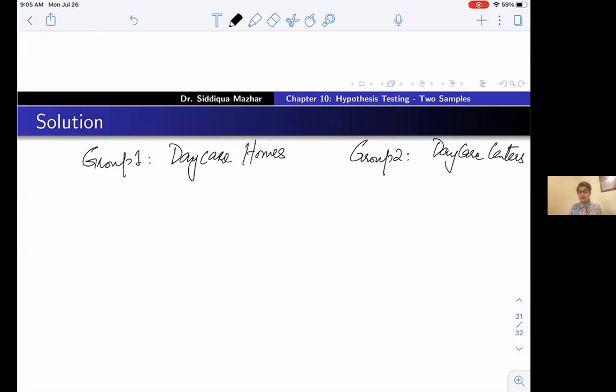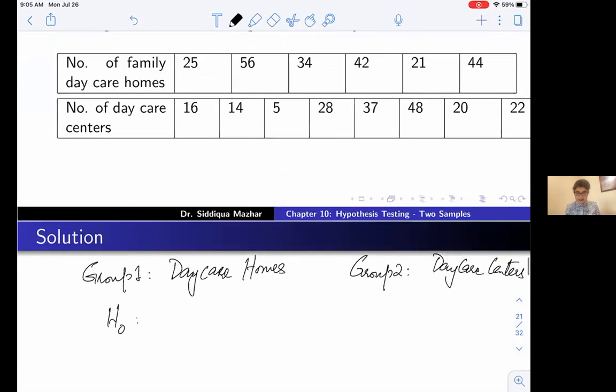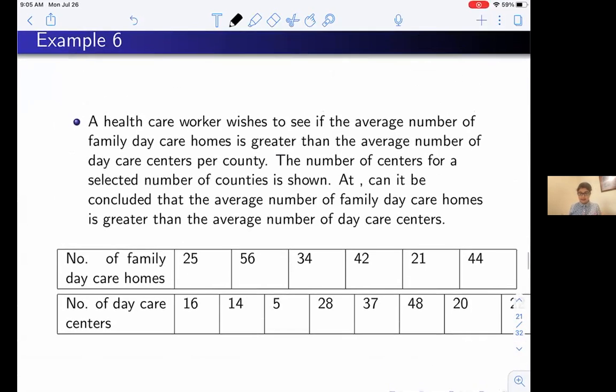Once you have defined your groups, then you have to write down the population means or sample standard deviations accordingly, as you have written in your solution. So now we have to define the null hypothesis. So for the null hypothesis, what is the claim? He wants to see that the average number of daycare homes is greater than the average number of daycare centers per county.